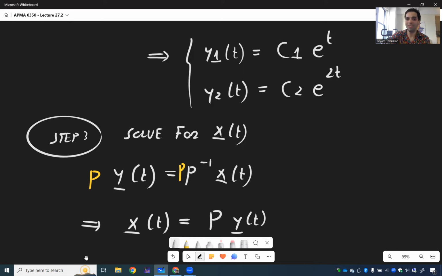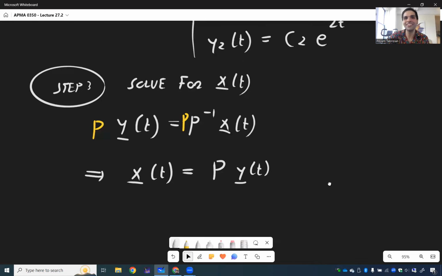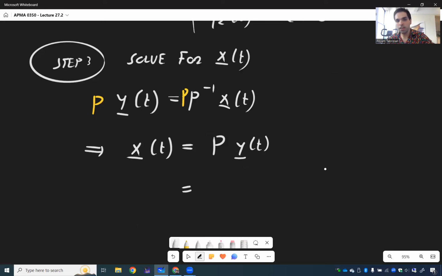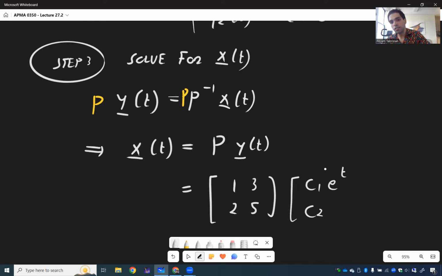Like Peyam, you know, again, what a coincidence. And this becomes, so P was our matrix [1, 3; 2, 5], right? The eigenvector matrix. Y, we just solved it. So c1 e to the t, c2 e to the 2t.